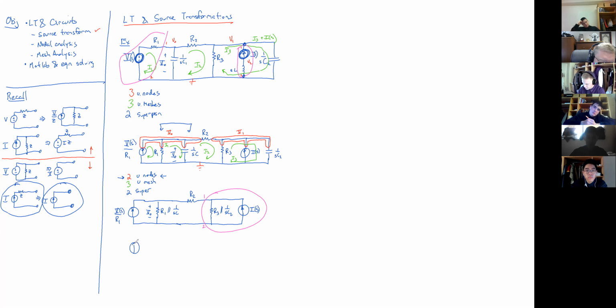And now I'd have V over S over R1 with our thing we want to find, with our R1 in parallel with 1 over SC.